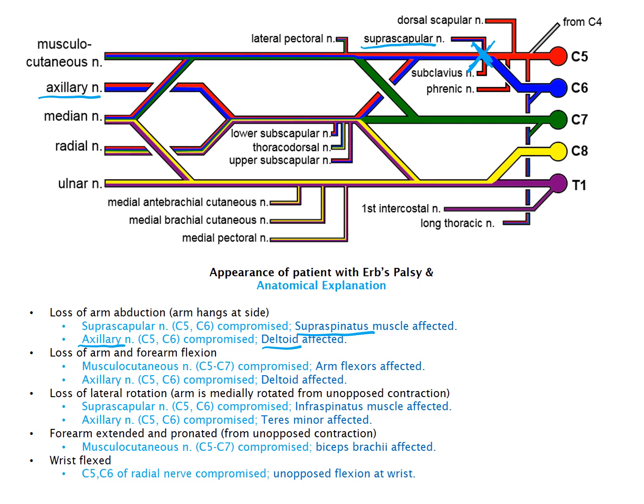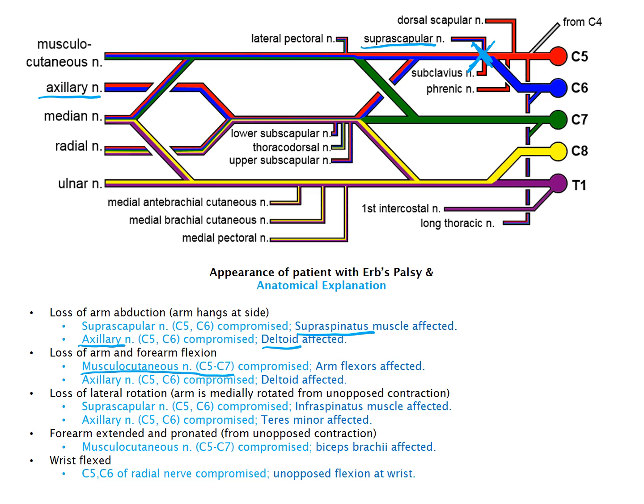Patients with Erb's palsy are also unable to flex their arm and forearm. This is due to the fact that the arm flexors are innervated by the musculocutaneous nerve, which originates from C5, C6, and C7. In this case, the C7 fibers are not affected, however both C5 and C6 fibers are.